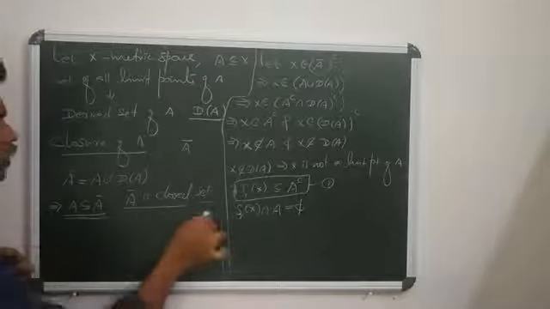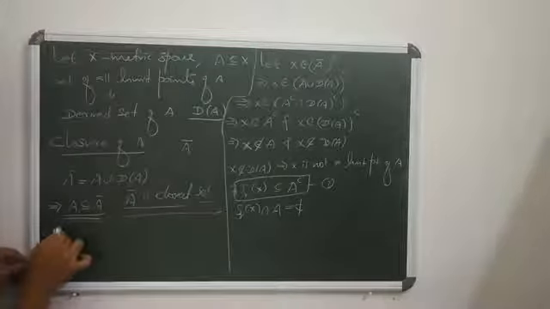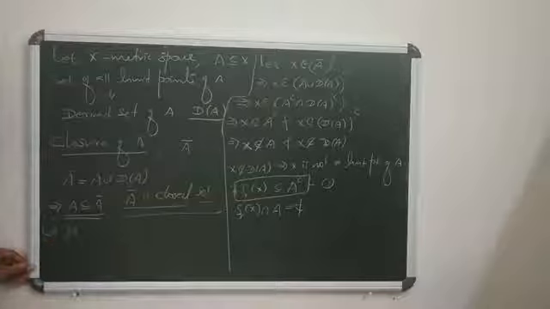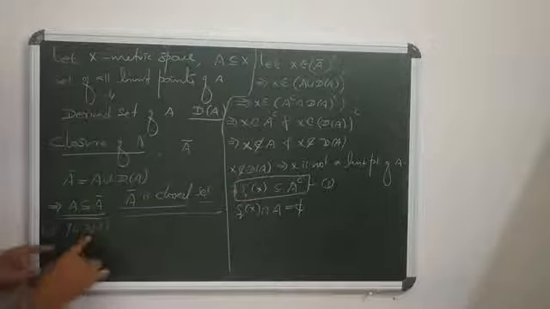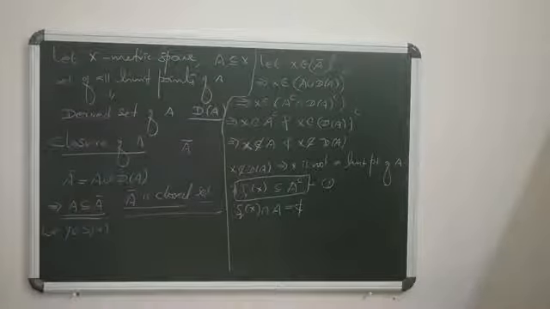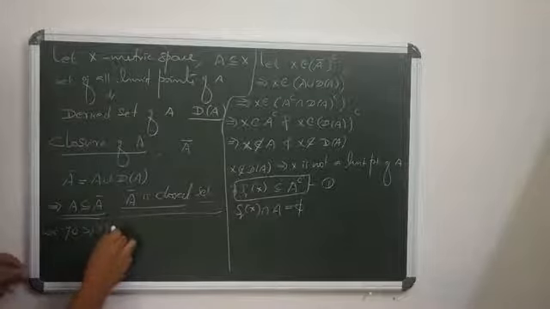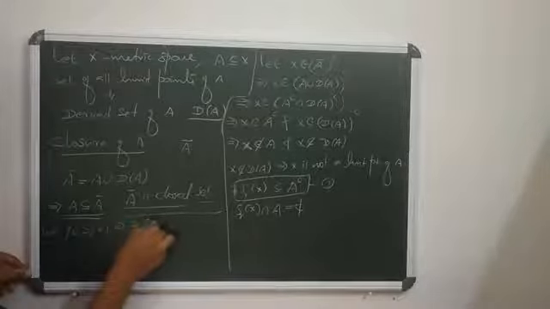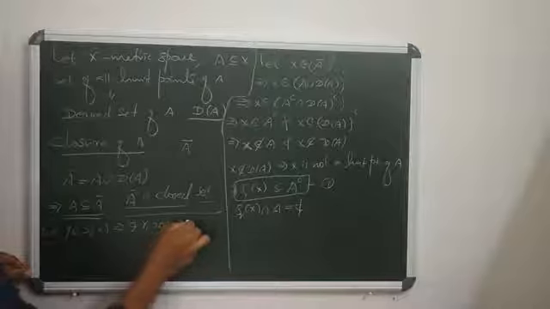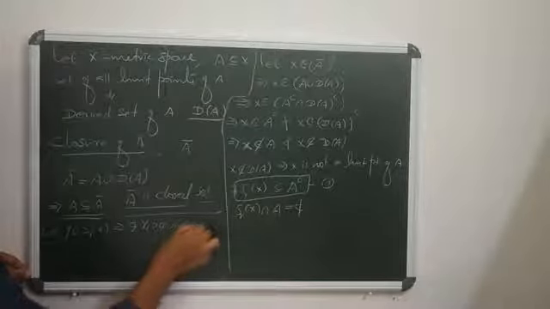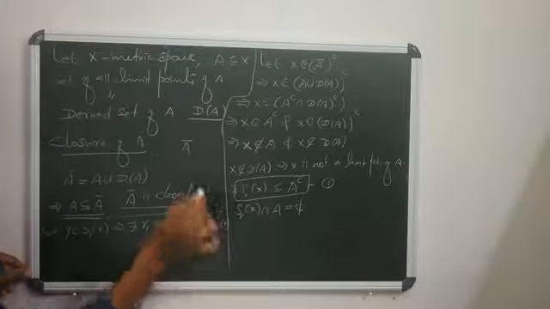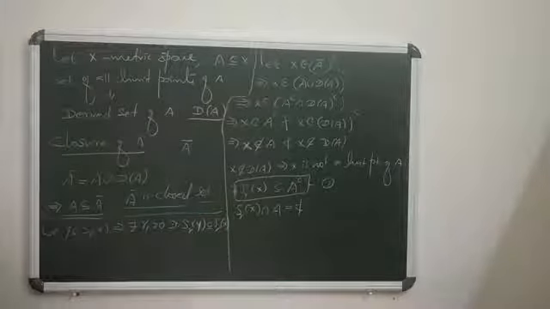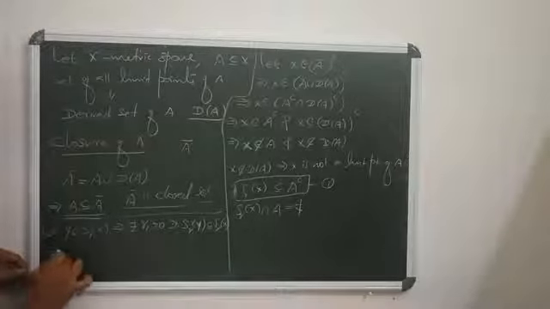Now let y fall in S(r, x). S(r, x) is an open sphere centered at x having radius r which is positive. So there exists an r1 greater than 0 such that S(r1, y) is a part of S(r, x). But S(r, x) is a part of A complement.